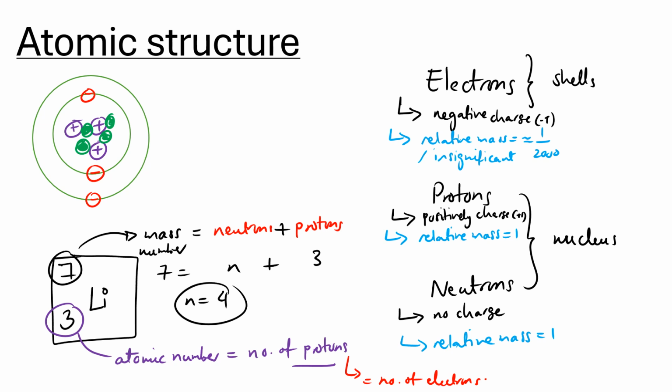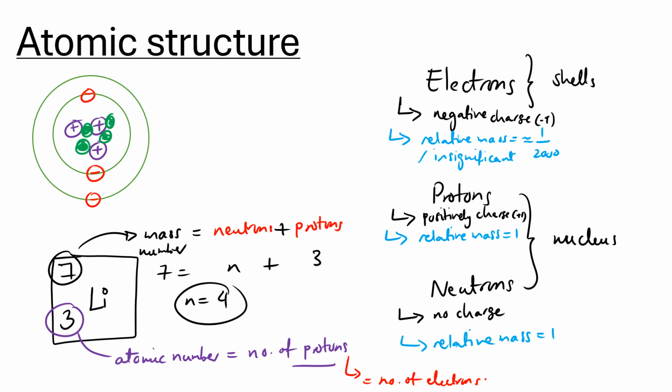So key takeaways from this video are electrons, protons, neutrons are the 3 subatomic particles. The locations: nucleus contains protons and neutrons. Shells are where you find the electrons. Charges: negative charge for electrons, positive charge for protons, no charge for neutrons. In terms of mass, you have insignificant mass for electrons, relative mass for proton is 1, and that's the same case for neutrons.